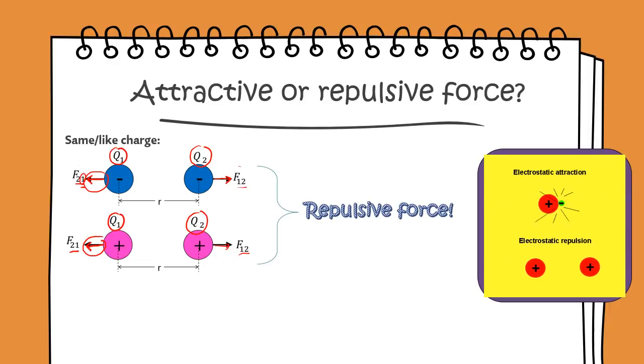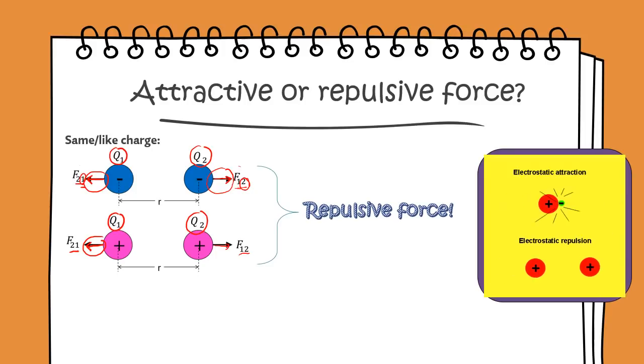F12 means the force of charge Q1 on charge Q2. On charge Q2 means that the direction of force is on charge Q2.